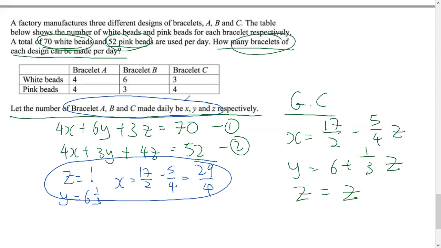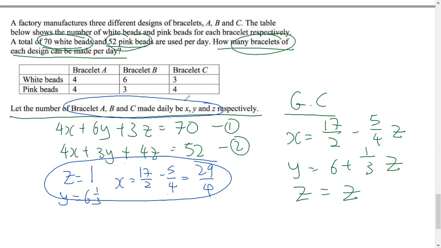So we have to continuously generate, but this is a bit tedious because it's just guess and check. If you don't believe, you can try. Z equals 2 will still give you some fraction. Z equals 3 will also not be integer values. Z equals 4, also not.